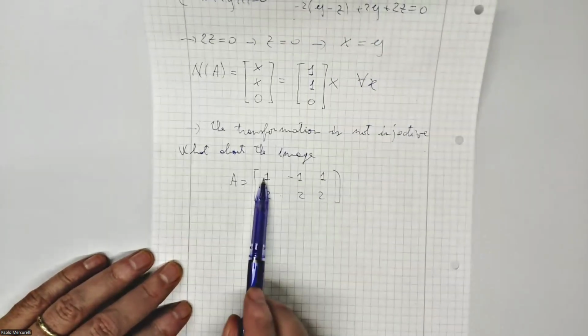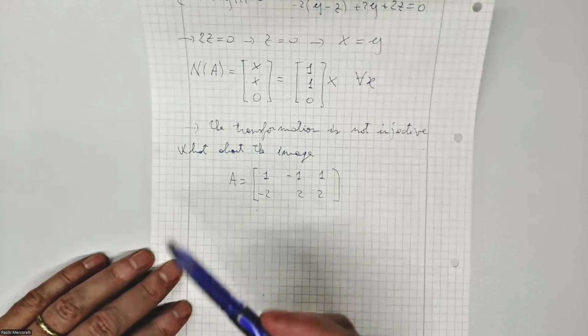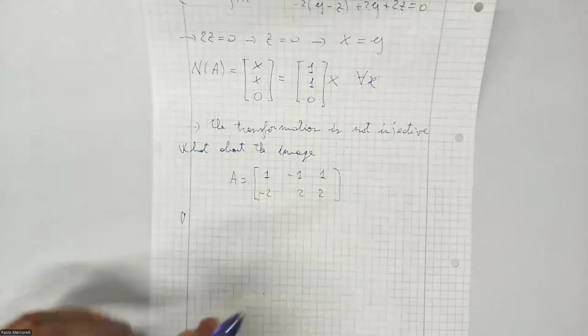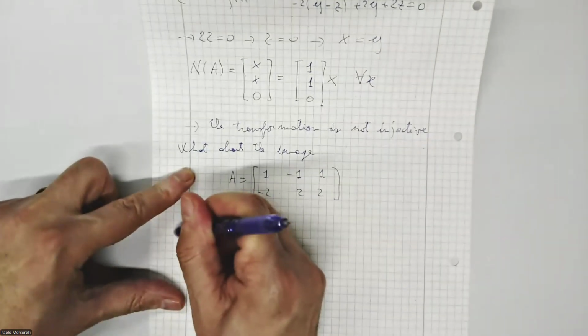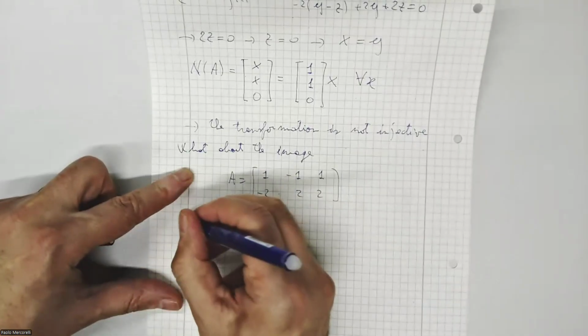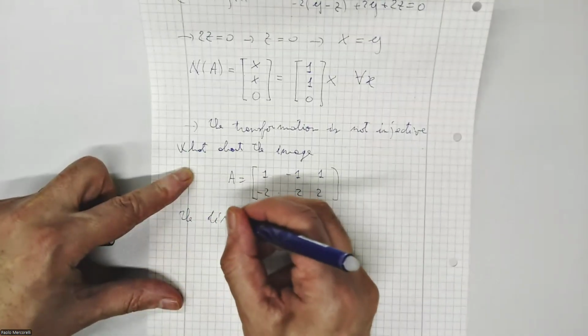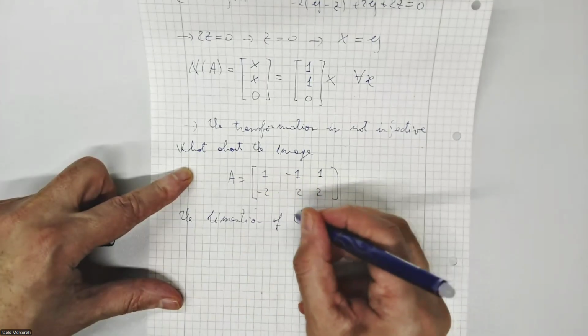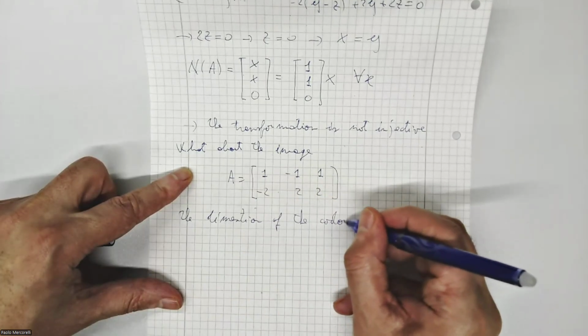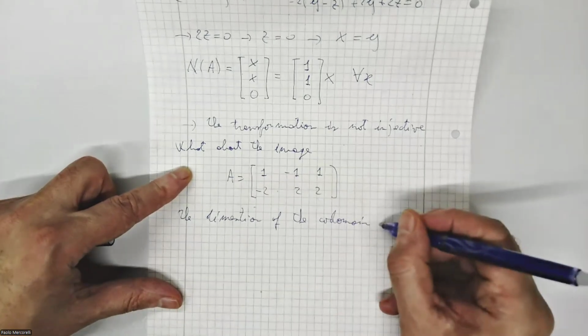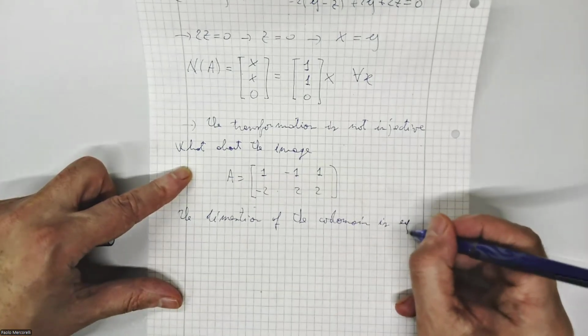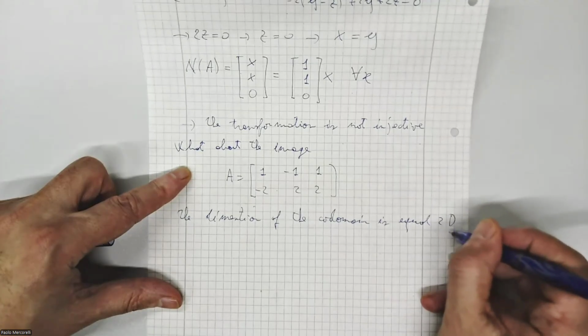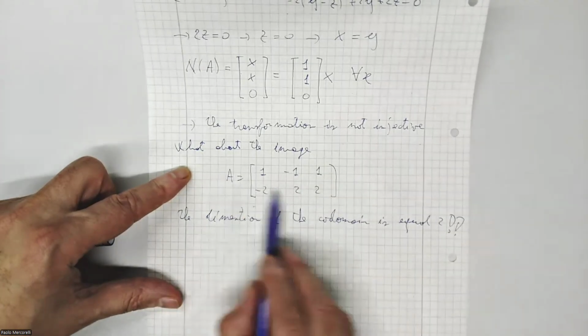The dimension of the codomain is 2. Did you agree? We have 2 rows.